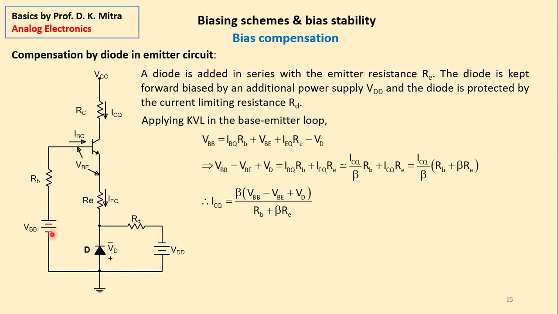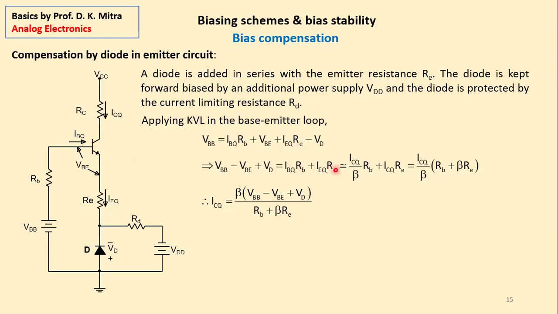Applying Kirchhoff's voltage law in the base emitter loop, we find VBB is equal to IBQ RB plus this potential drop VBE plus IEQ RE minus VD, because this diode is chosen to be exactly the same as this base emitter junction. So from here you get VBB, VBE goes to the left-hand side, VD also goes to the left-hand side. So VBB minus VBE plus VD is equal to IBQ RB plus IEQ RE.